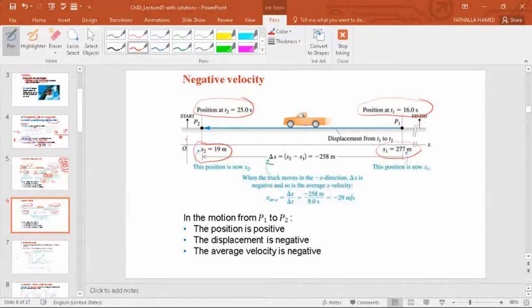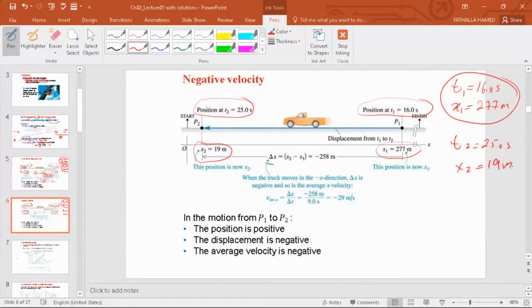And in this case, t1 equals 16.0 seconds, and x1 is equal to 277 meters. t2 will equal 25.0 seconds, and x2 will equal 19 meters.